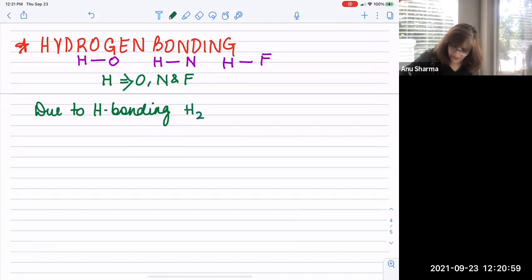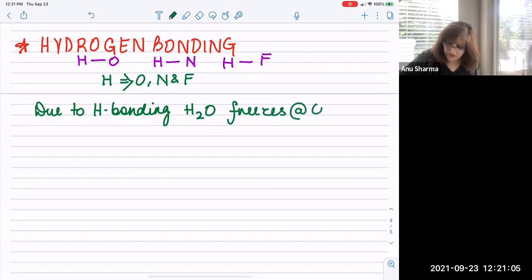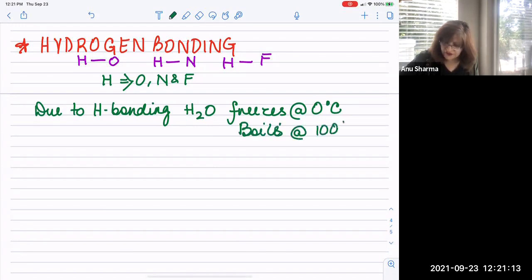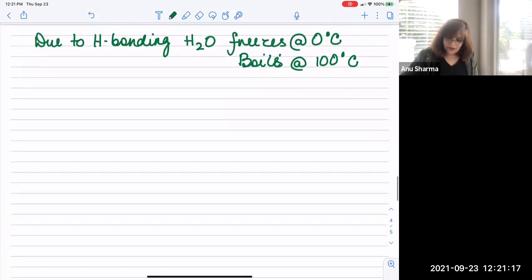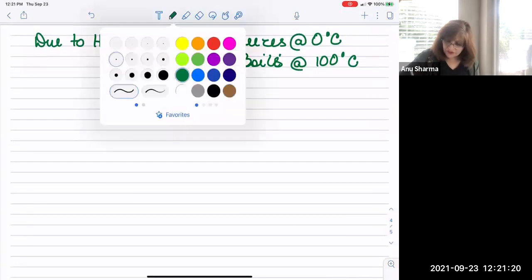Okay, it's due to hydrogen bonding that water freezes at 0 degrees Celsius and boils at 100 degrees Celsius. The boiling point is very high. So what is that? So here's the thing.